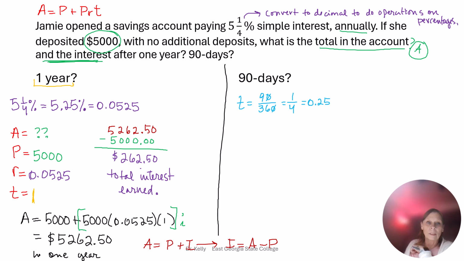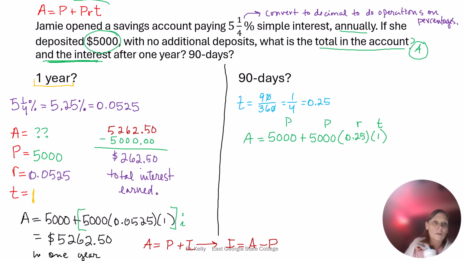So when we do this one here, we're going to have A is equal to 5,000 plus 5,000 times 1/4 times 1, using this equation up here. This is R, this is T, here's a P, here's a P. All right, and when we do that math there, we get $5,064.73.